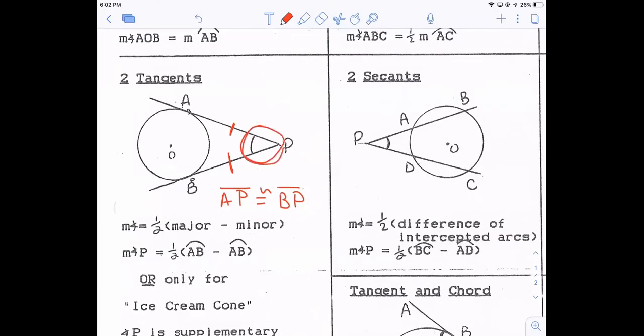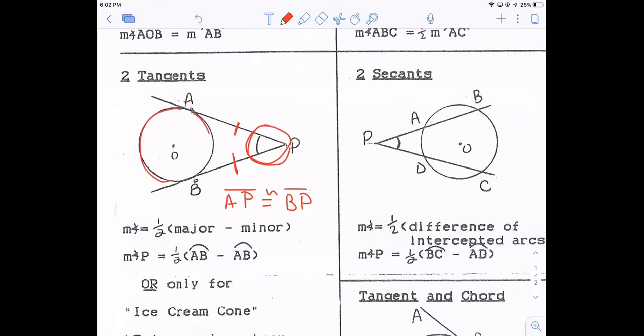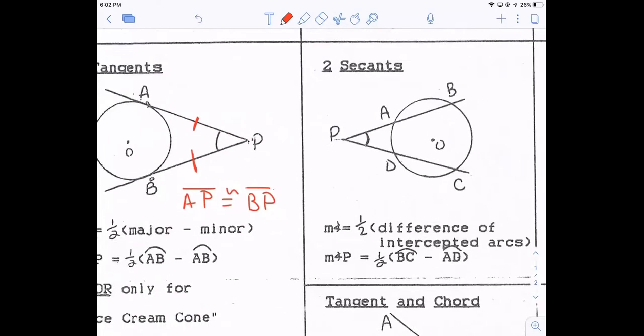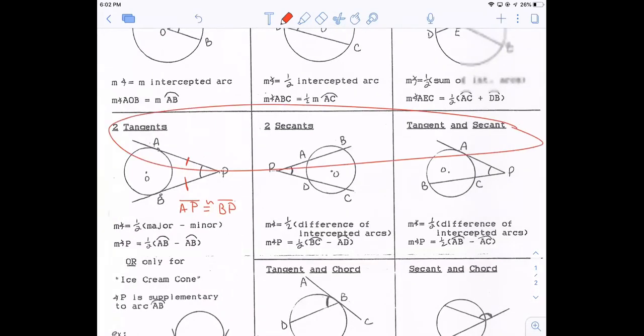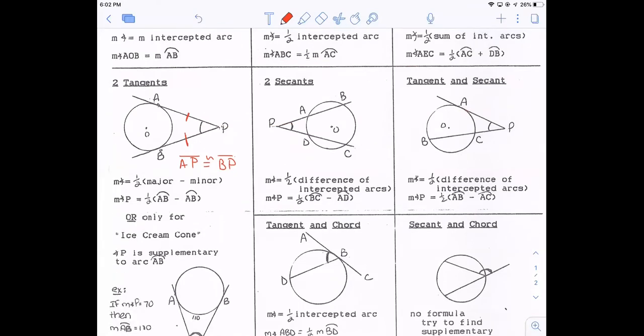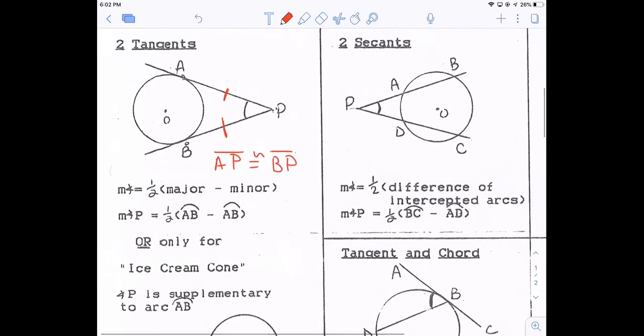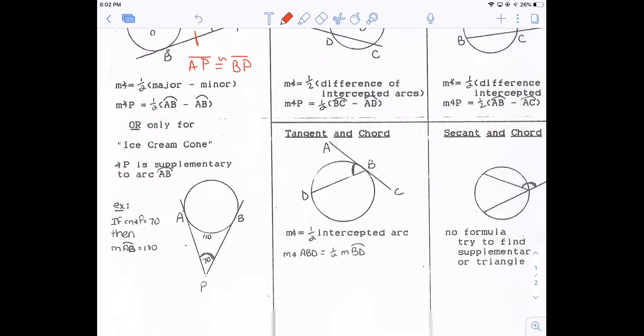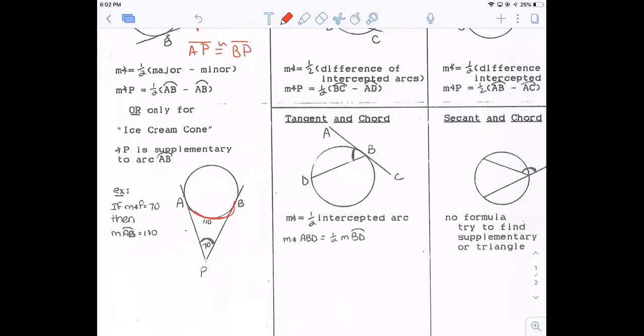And again, that angle is half the measure of these 2 intercepted arcs, just like if we had 2 secants or a tangent and a secant, same rule for all 3, right? And only for tangents, we also know that this angle and the measure of that arc are going to be supplementary. I think that's down here, right? Yes, angle P is supplementary to arc AB.